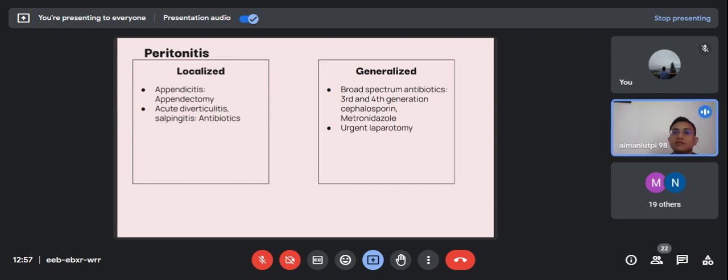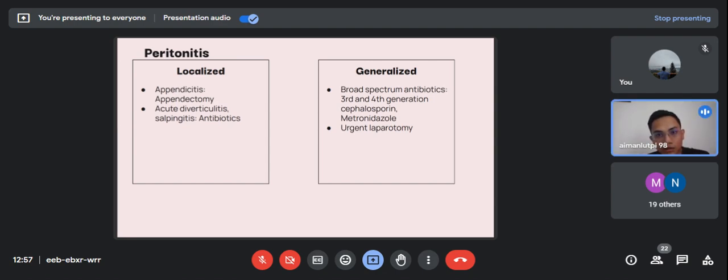However, in generalized, where we didn't know the causes of peritonitis, we give empirical broad spectrum antibiotics, for example cephalosporin and metronidazole.